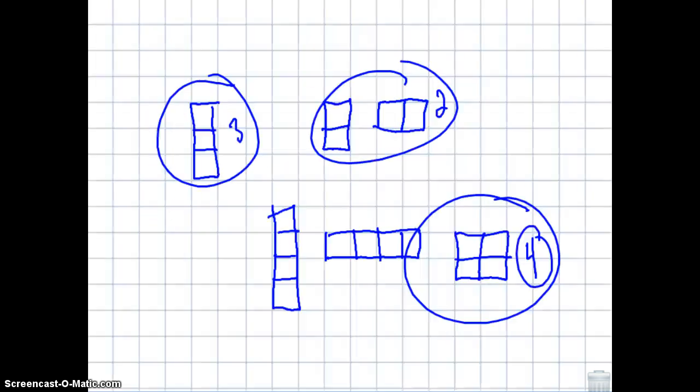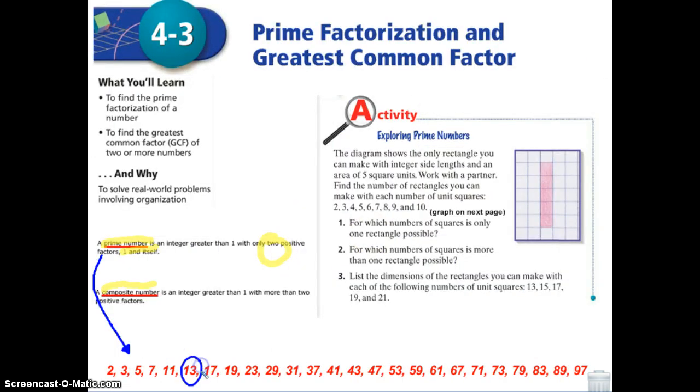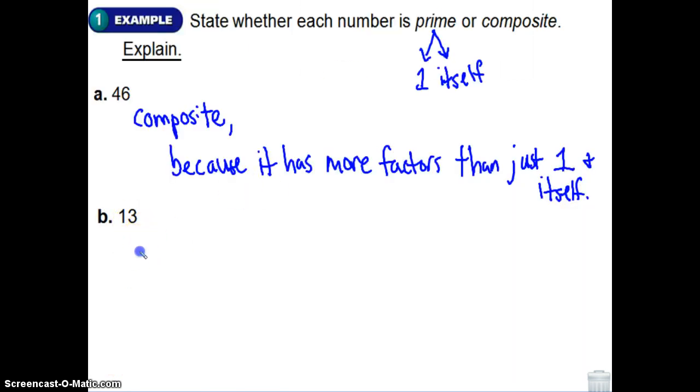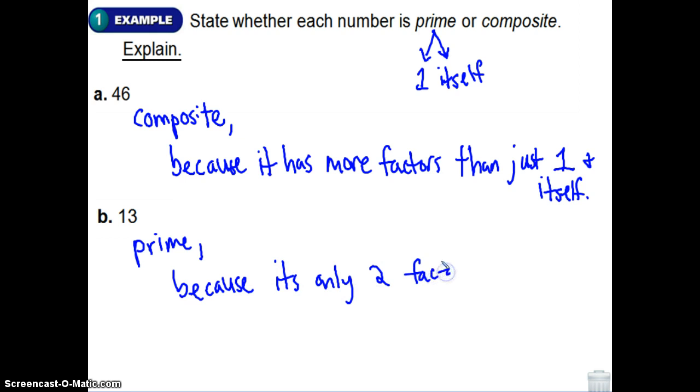If I go back to the beginning, I find the number 13 on this prime numbers list, which means that 13 is a prime number because its only two factors are 1 and 13. Please, please, please, in class, make sure you explain. You cannot just write composite or prime.